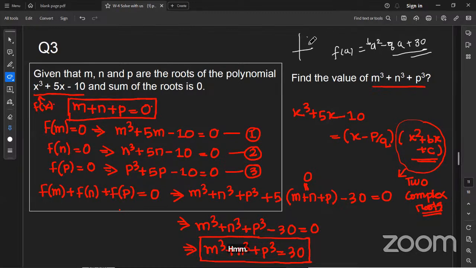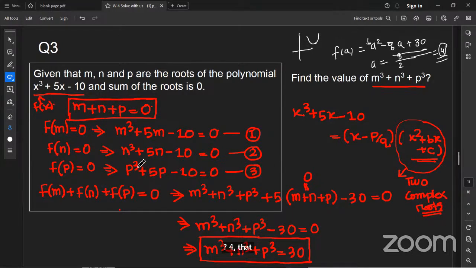It means the parabola opens upwards and gives a minimum at the vertex. What will be the vertex? A is equal to minus b by 2, that is 8 by 2, which is 4. So at A is equal to 4, the value will be minimum.